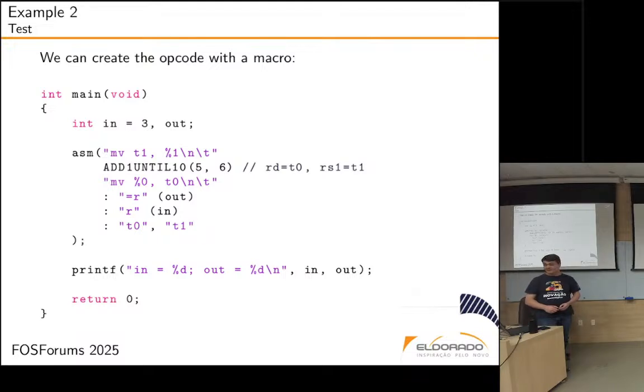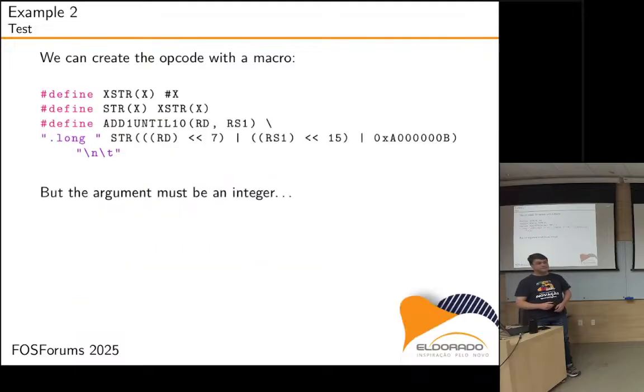It's probably interpreting it as a host. It's not a cross compiler aware language server, I think. Could you please go back to the macro slide? The \n\t should be in the same line. Yeah.